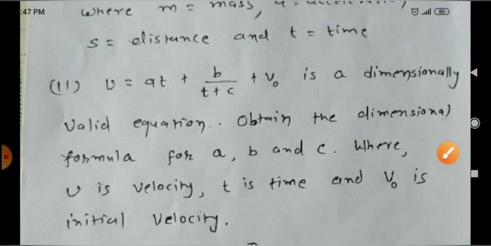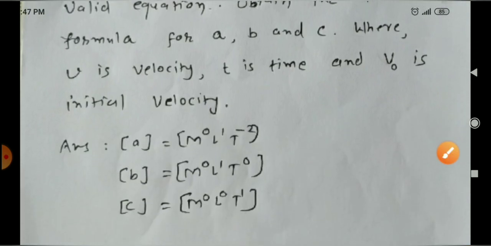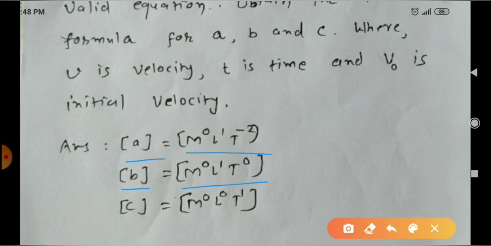So students, the answer is also given here. You will get the dimensions of A as [M0 L1 T-2], the dimensions of B as [M0 L1 T0], and the dimensions of C as [M0 L0 T1].